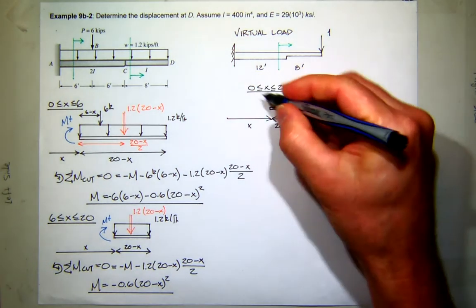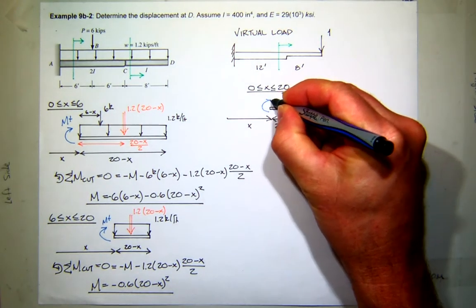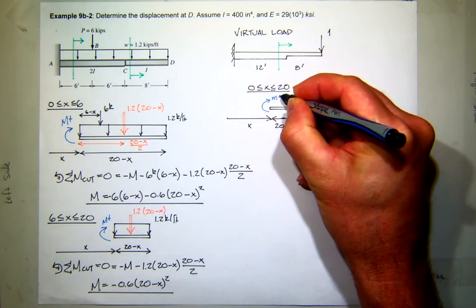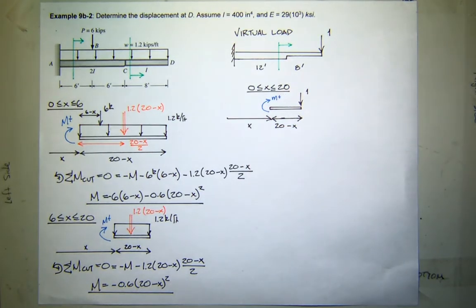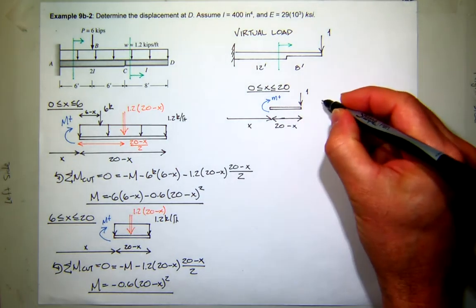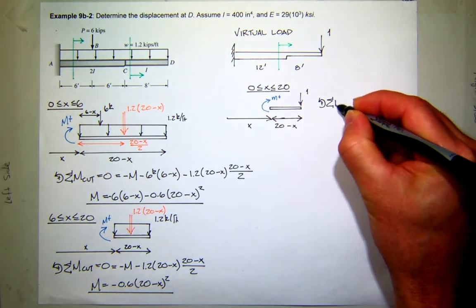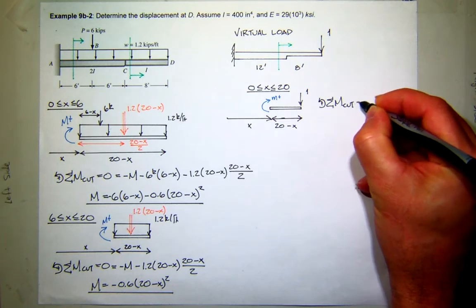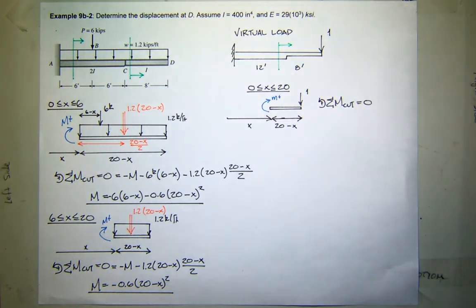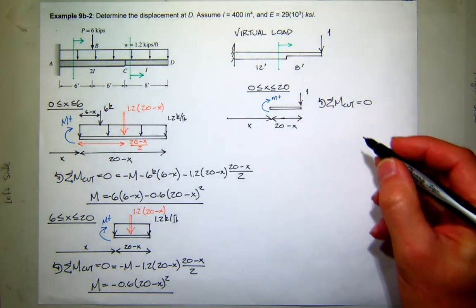And then, of course, interior is going to be the positive virtual moment. So all I have to do is sum the moments at the cut. You've heard me say that a few times. Make sure it's in equilibrium. And now let's see what that is.